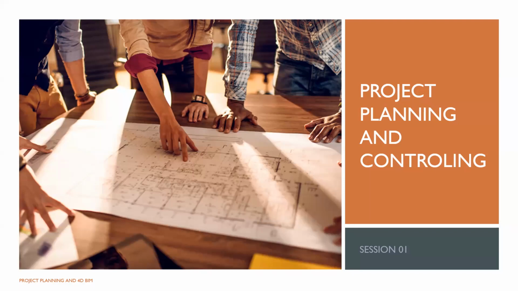After that, from the 7th session, we are going to start 4D BIM, especially Navisworks and Vico Manager. Before we start these planning software and the 4D BIM software, we should have a detailed idea about project planning and especially the basic concepts of project management.